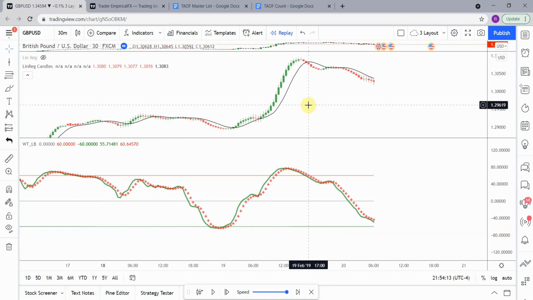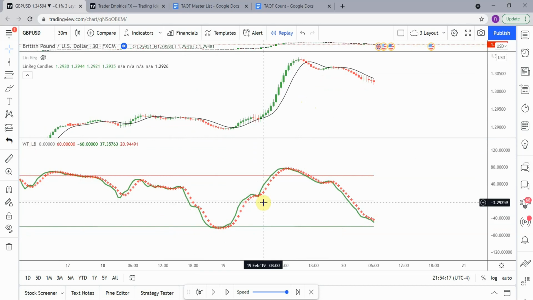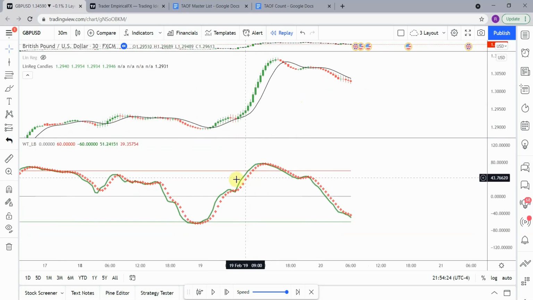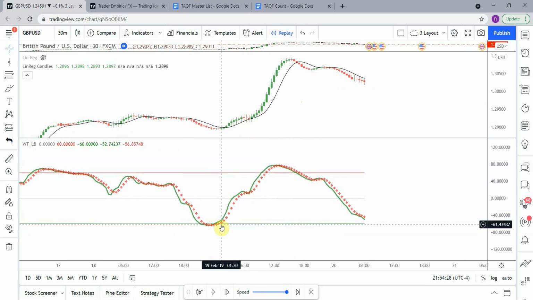What we were actually looking at was waiting for the wave trend to be below the zero. We would be looking for long trades, and if it is above the zero, we are looking for short trades. So now that we have that, what we look for is the wave trend to be below the zero line, and we're looking for the oscillating line to cross up above the X's.